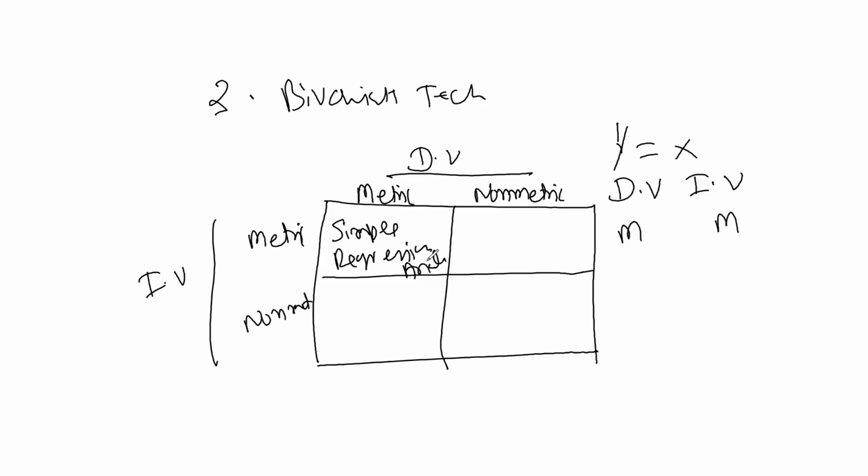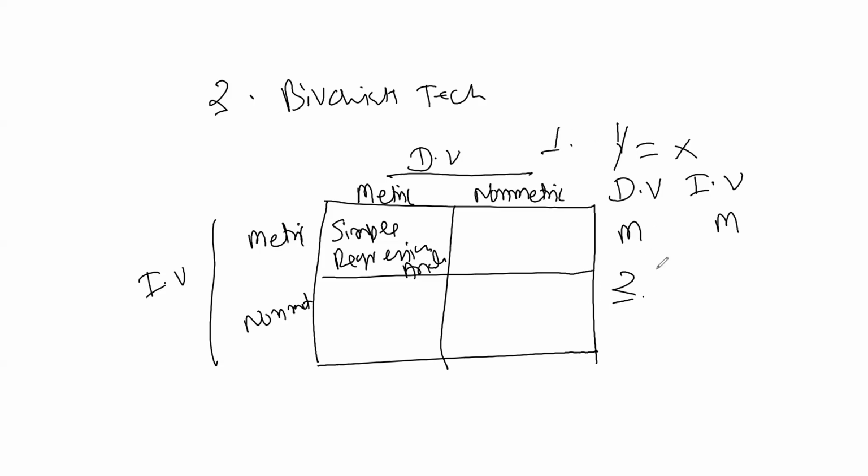So for simple regression analysis, we require that both the variables should be in metric form. If one question is metric and another non-metric, then we cannot apply simple regression analysis.